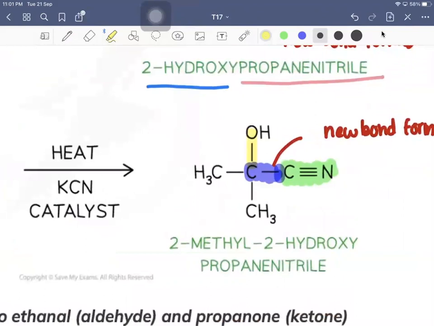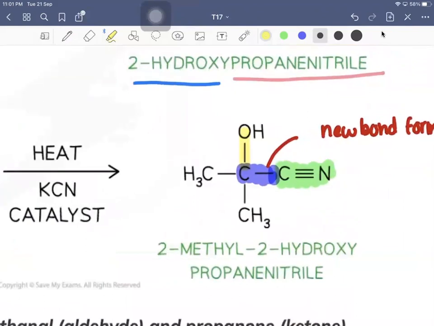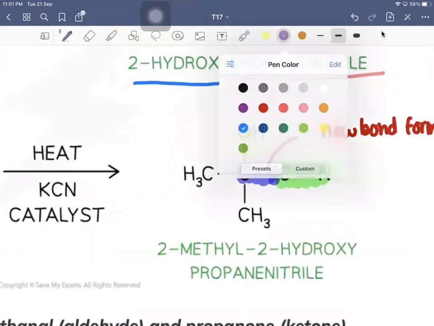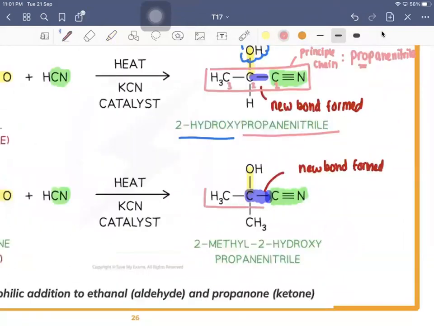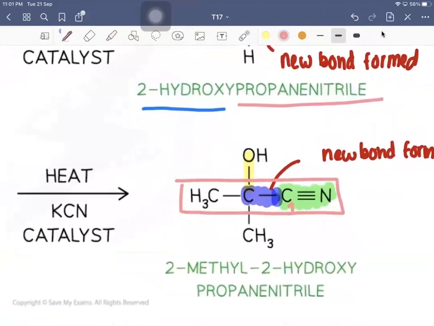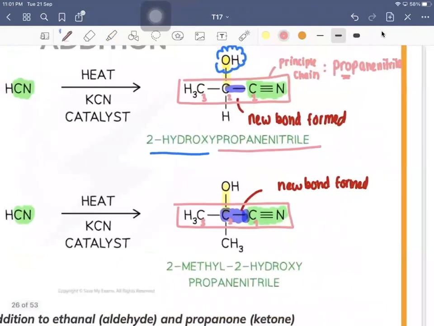Again, I want the principal chain to include the C triple bond N. So my principal chain will be this. Number 1 has to be at the nitrile group, propane nitrile. 1, 2, 3. So that's the principal chain.